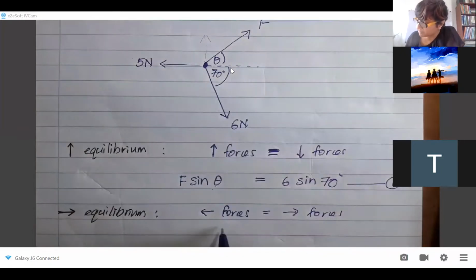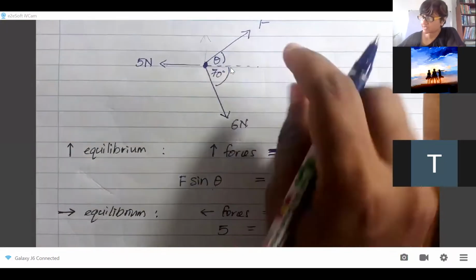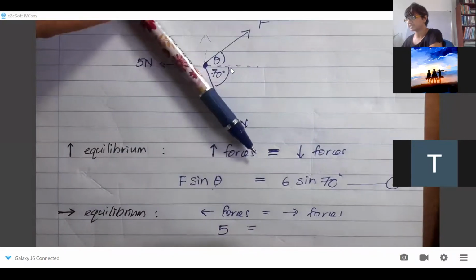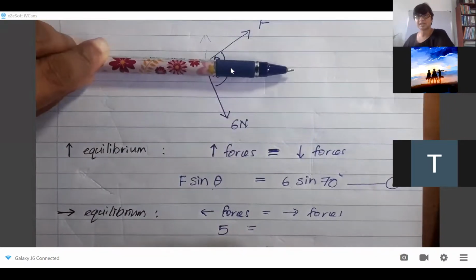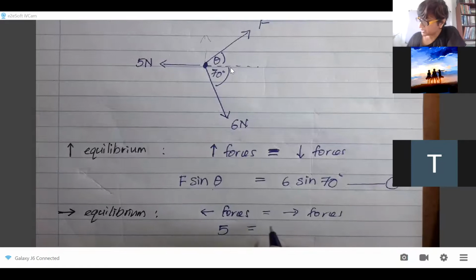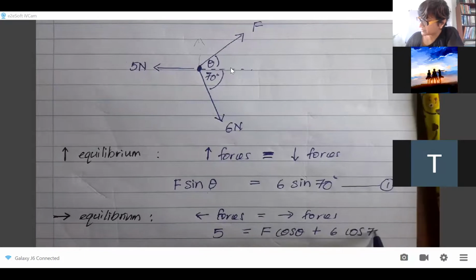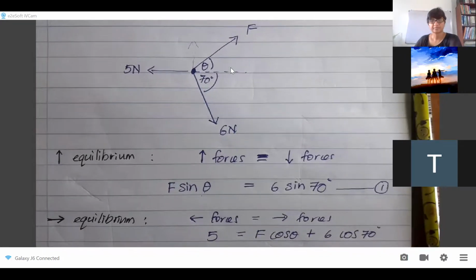Leftward you have only one force, 5. Rightward, you have a component coming from this and a component coming from this. So the sum of those two. So that would be F cos theta plus 6 cos 70.